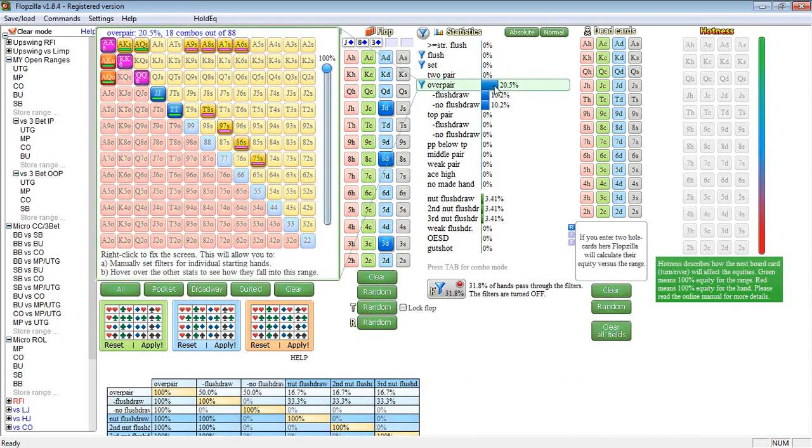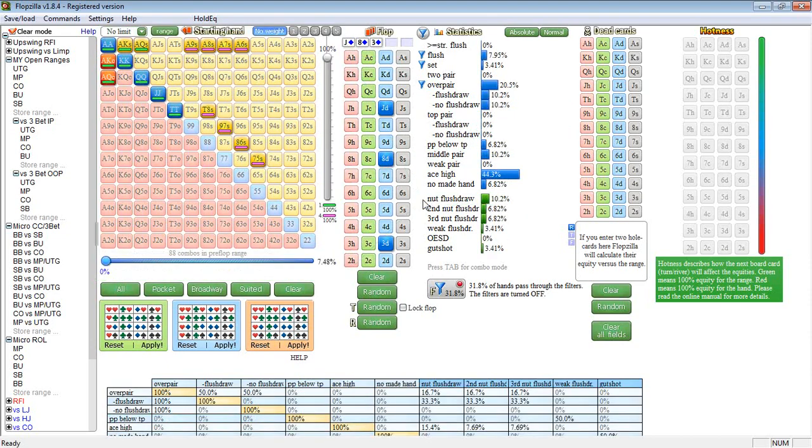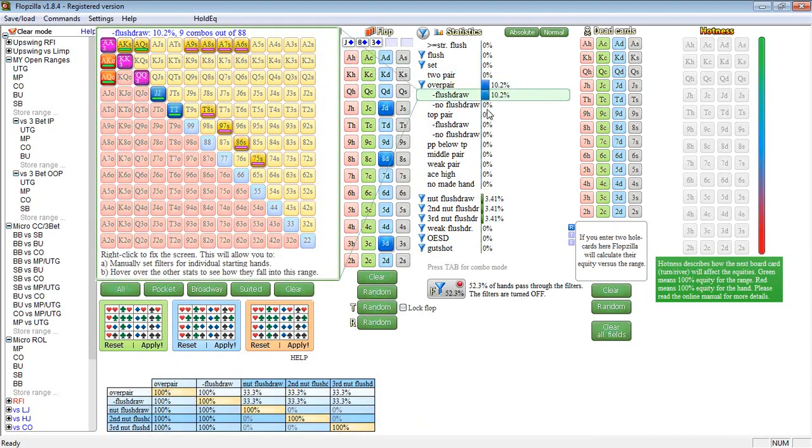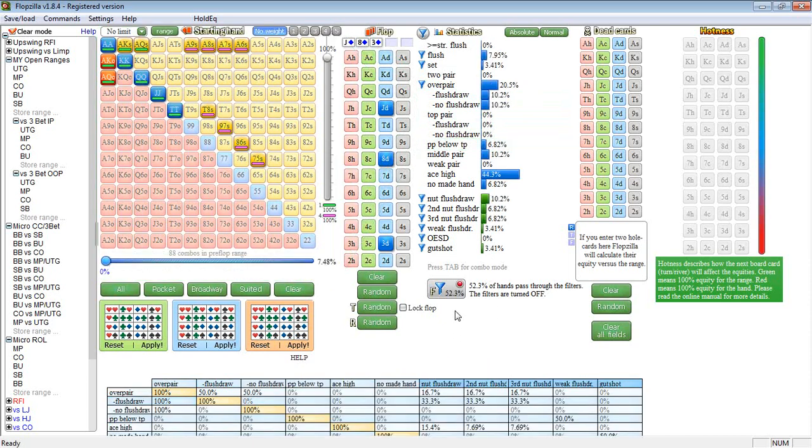So 31%. Then nut flush draw, second nut flush draw, third nut flush draw, weak flush draw, open-ender, gutshot. I'm only c-betting about 52% of my range here.